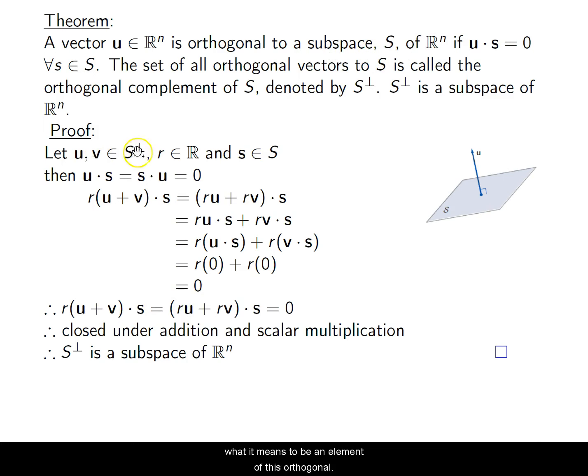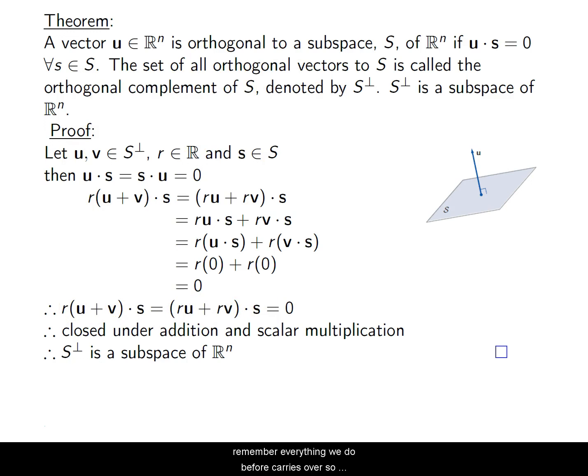That's what it means to be an element of this orthogonal complement. So I have that addition, I have scalar multiplication, and I have the 0 vector. Those are the 3 requirements I need to show that something is a subspace.